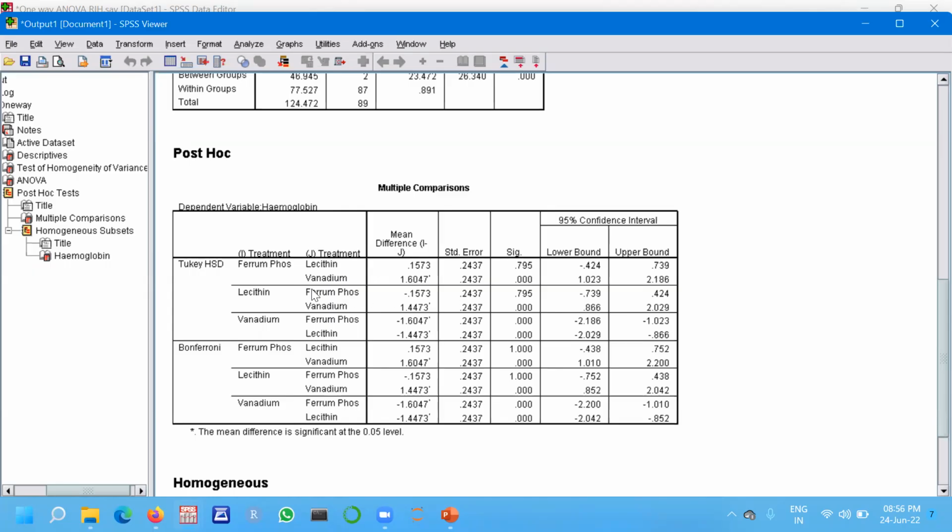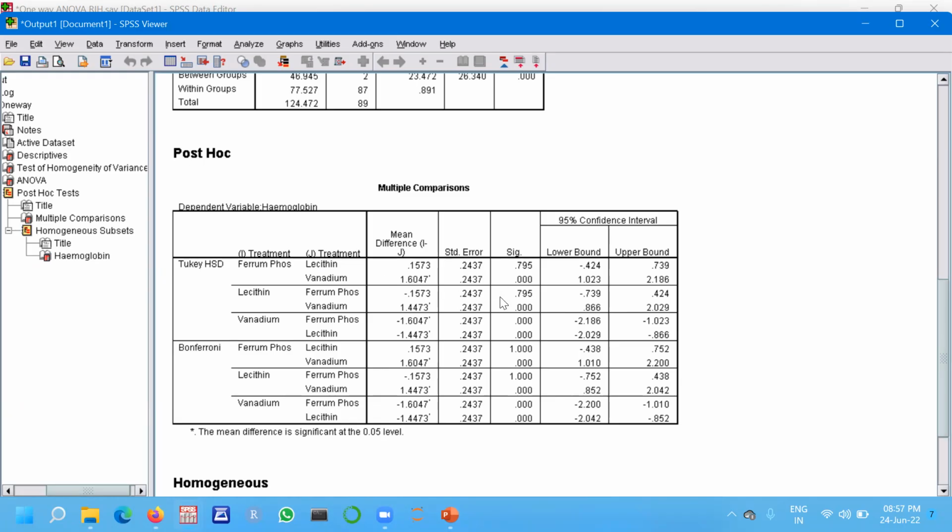But when you compare the ferrum-phos group and the vanadium group, see the significance value or p-value, it is less than 0.05. Understood? Less than 0.05, and that is significant. See the effect size: the difference is 1.6 between ferrum-phos and vanadium, whereas the difference between ferrum-phos and lecithin is 0.15.